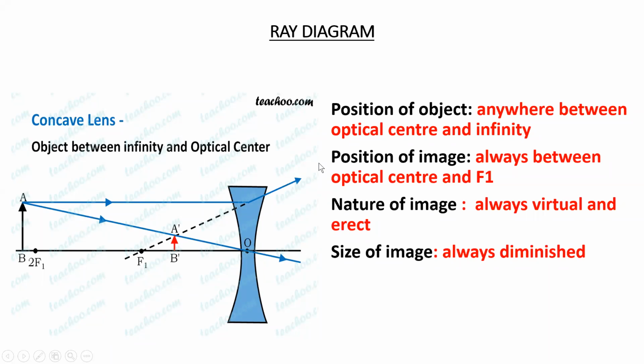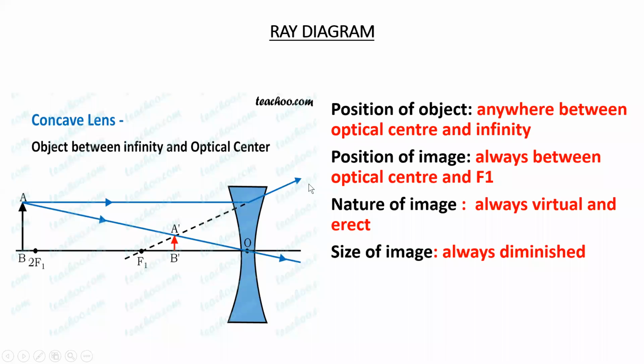So in that case, you will see that we have taken two incident rays. First, parallel to the principal axis, it appears to originate from focus. Second, incident ray which passes through the optical center. You will see that both the rays appear to meet at this point, and here you will see virtual and erect image is formed.